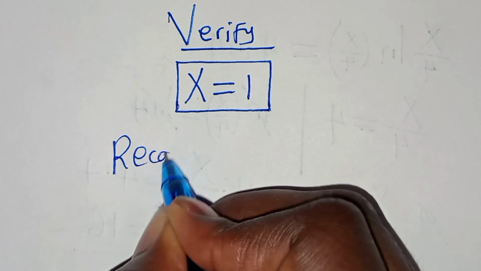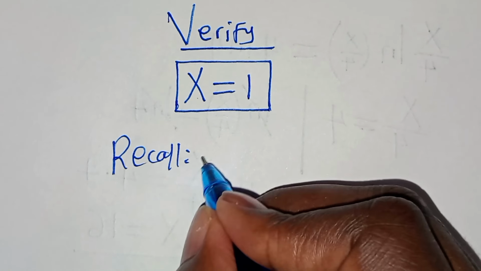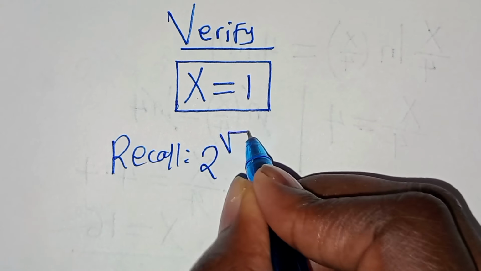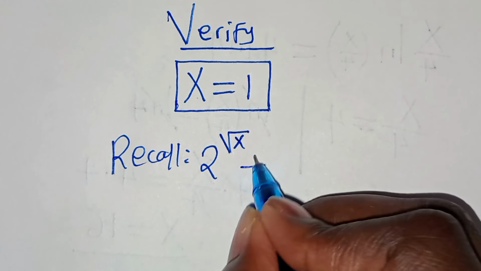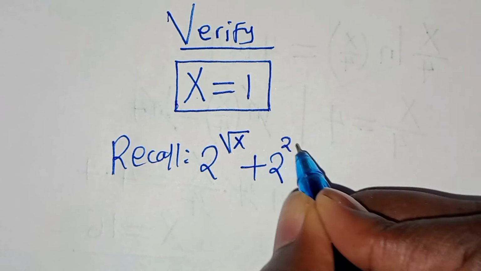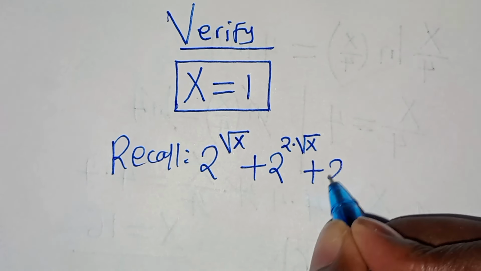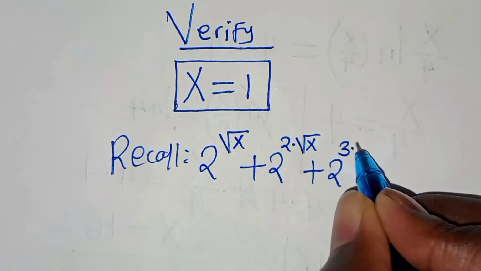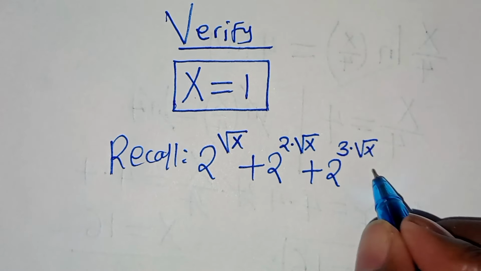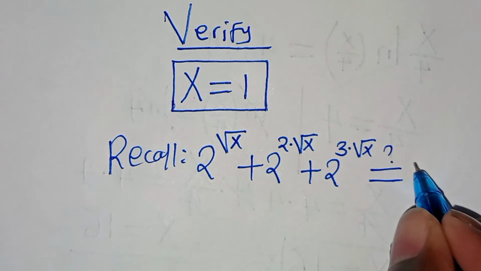If you recall, we have that 2 to the power of square root of x, plus 2 to the power of 2 multiplied by square root of x, then plus 2 to the power of 3 multiplied by square root of x, should give us a value of 14.